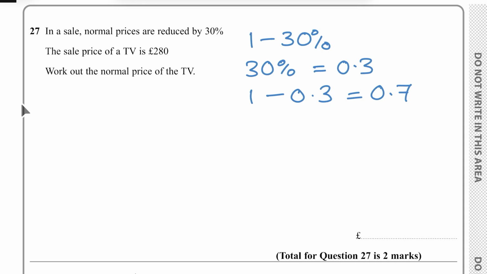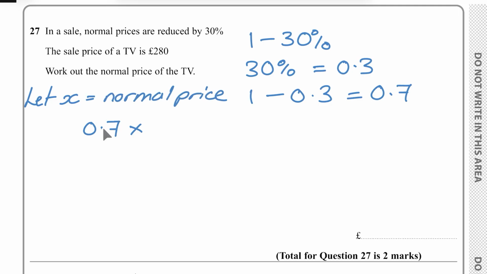So you will have 0.7 multiplied by, now the normal price will go here. And we don't know what the normal price is. So we're going to let x equal the normal price. So you've got 0.7 multiplied by x equals, and this is the sale price, which was 280.